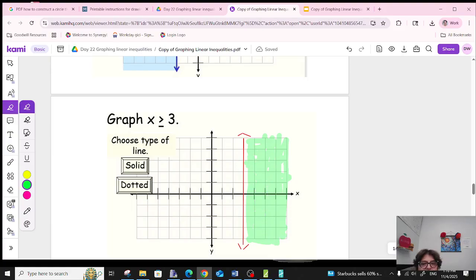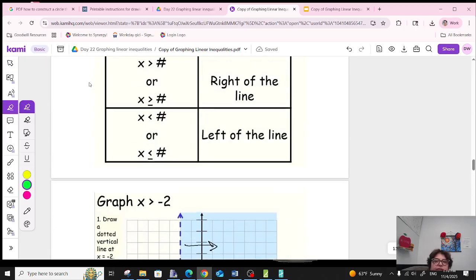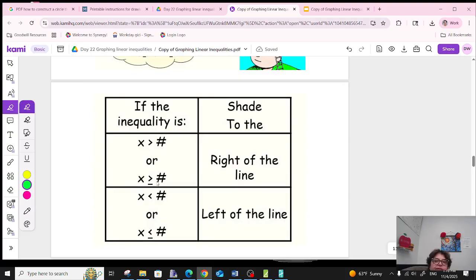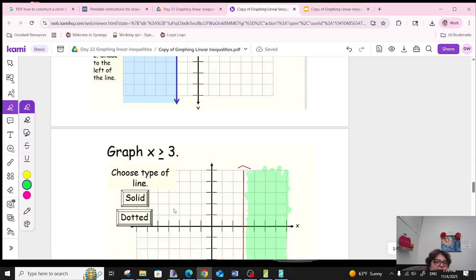Everybody get it looking like this? And this goes back to this screen over here. If it's greater than or equal to, when it's a vertical line, you're going to shade to the right. If it's less than or equal to, you'd shade to the left. Okay.